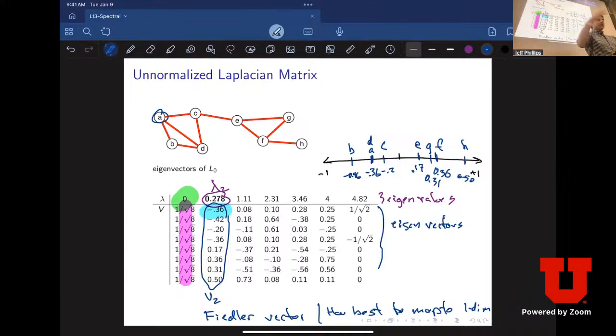So I've used these values to sort the vertices onto a one-dimensional line, and so I've turned the graph into a one-dimensional representation. Then I can find a cut, and there are two common ways of finding it.